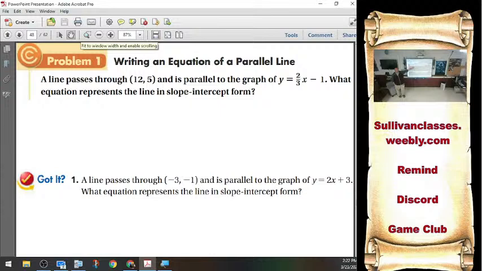That -1 is useless to you. Means nothing. The only thing you care about is the slope. Because if this has a slope of 2/3, parallel to 2/3 is another 2/3. So that tells me that's the slope I'm going to use.